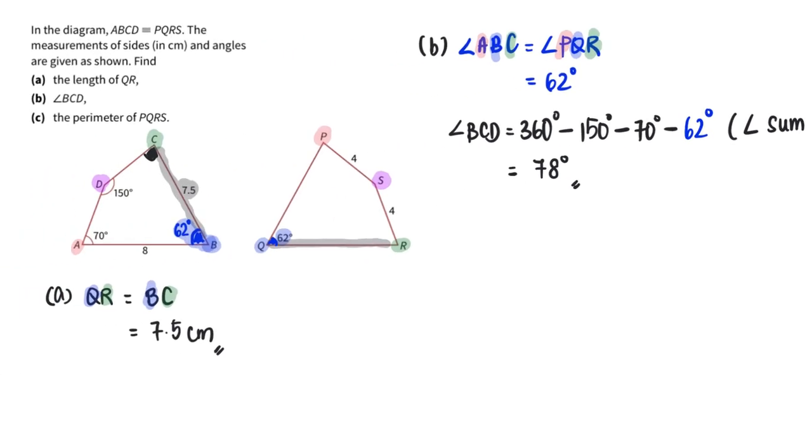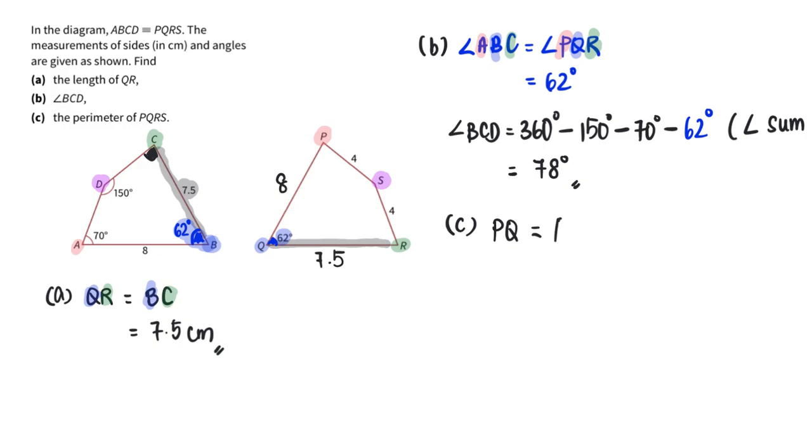As for part C, part C is pretty straightforward since we now know all the length. How do we know all the length? So from here, since we are looking at PQRS, do take note that AB and PQ, so this is 8 and this is 7.5, which we have gotten in part A. So the only thing that we did not know at this instant, we should write it down.